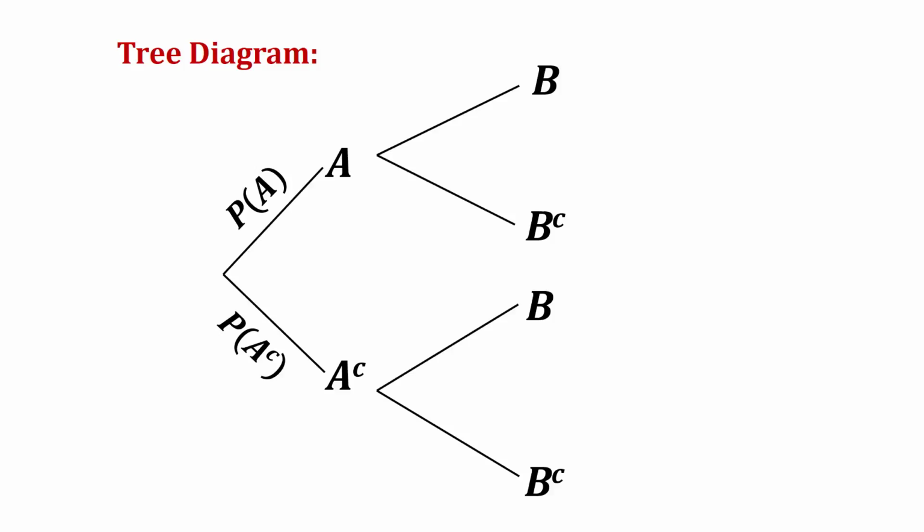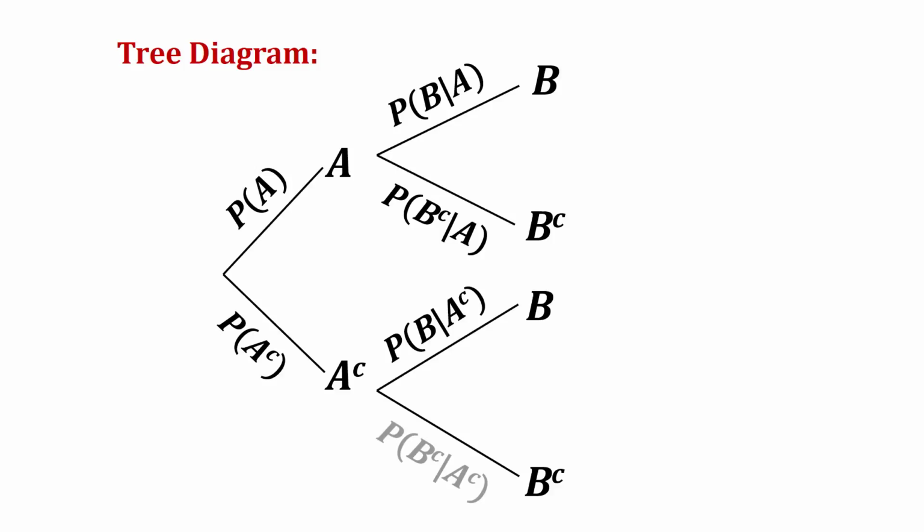So in this very topmost case, I would put the probability of event B given event A, because I'm moving along these branches sequentially. The next one down is going to be the probability of B complement given A. And then I would have the probability of B again, but now given A complement because I'm building off the A complement branch. And finally, B complement given A complement.